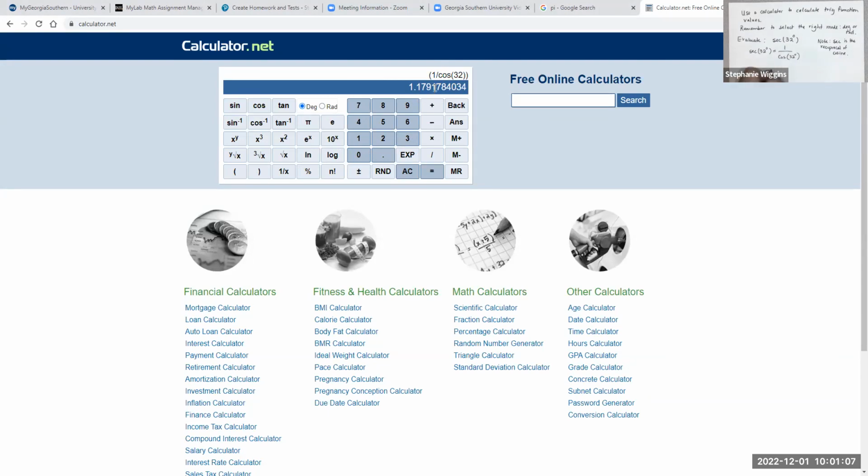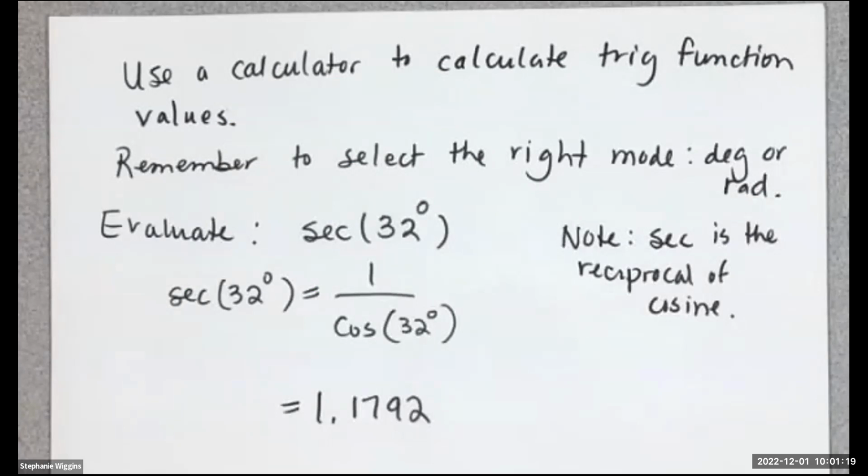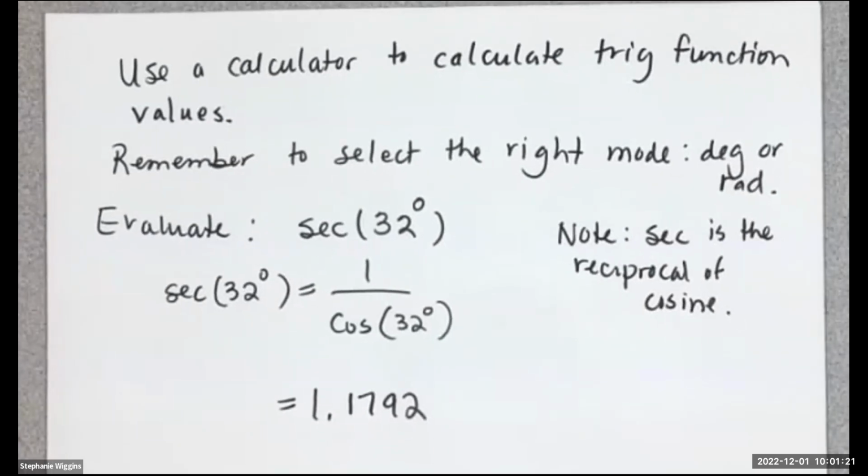So the answer is 1.1792. Now, you won't have to worry about what place value to write it at, because it's multiple choice. So the answer will be there. But I guarantee you, they're probably going to have the other answer there.